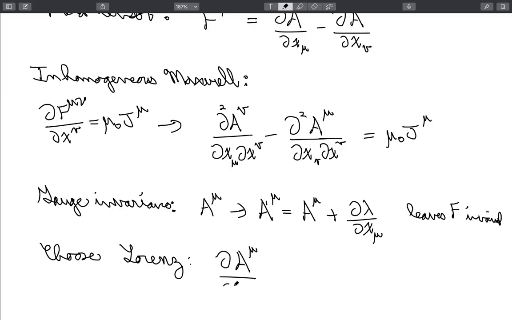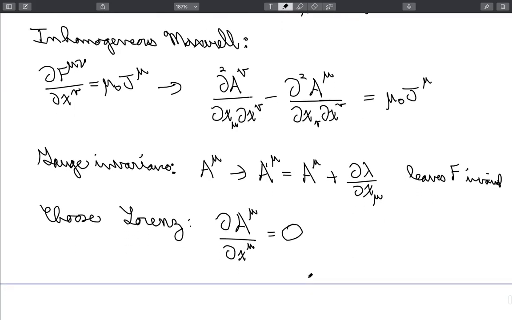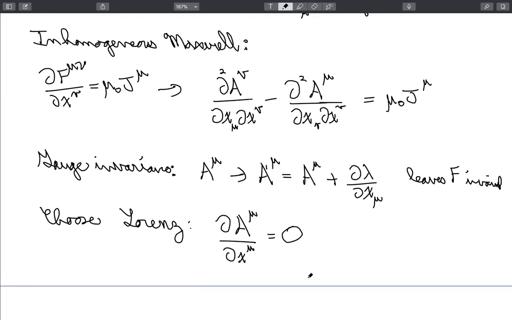It just says that the derivative of A mu with respect to x mu, you remember it was just the total derivative of the thing, would be equal to 0. So that's really quite nice, because it means that we lose one of the terms here. You see, we lose the dA nu dx nu term here. This would go, and there would only be this one left.